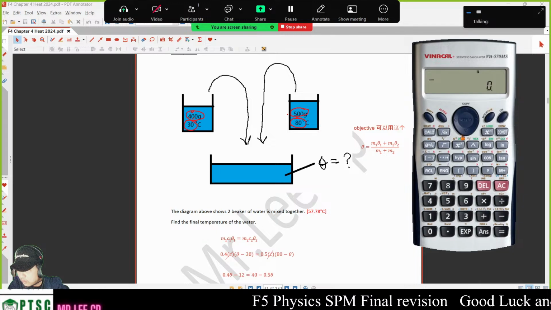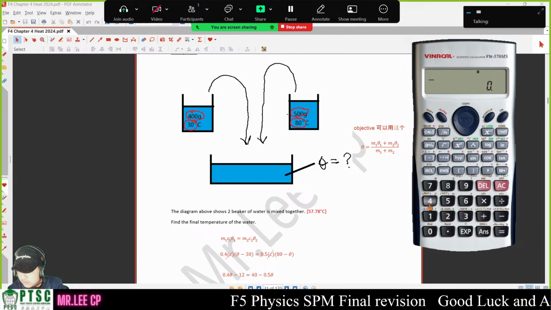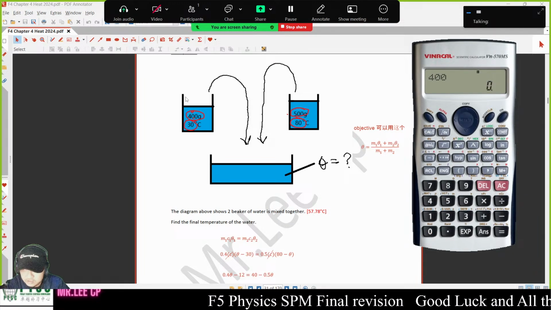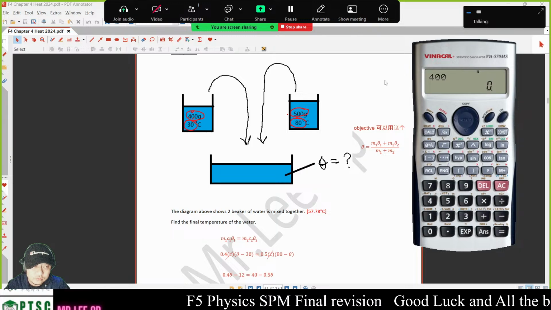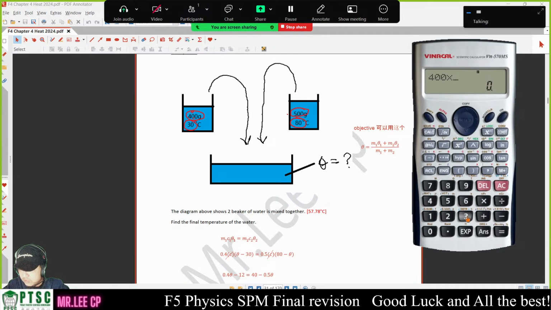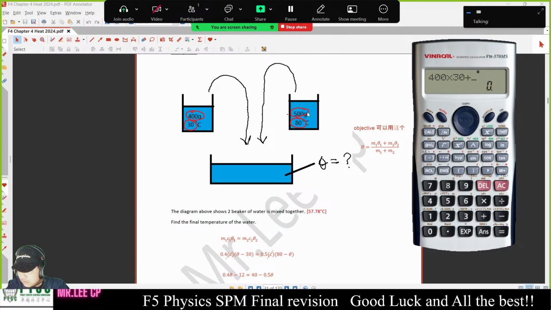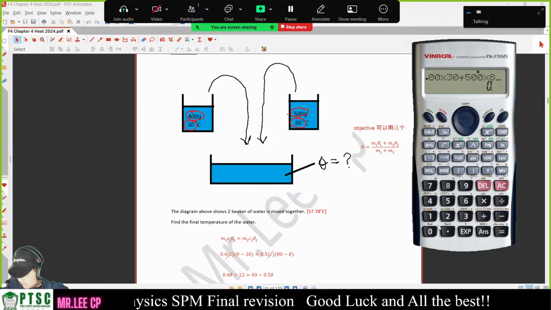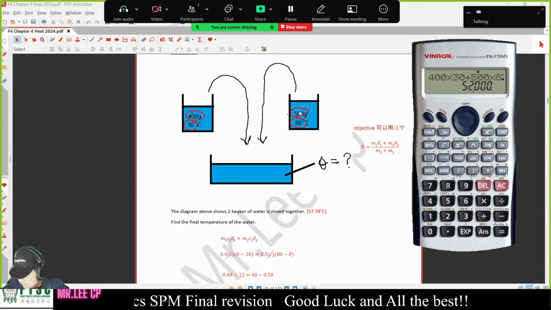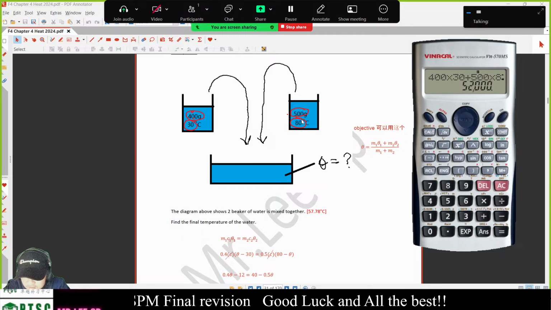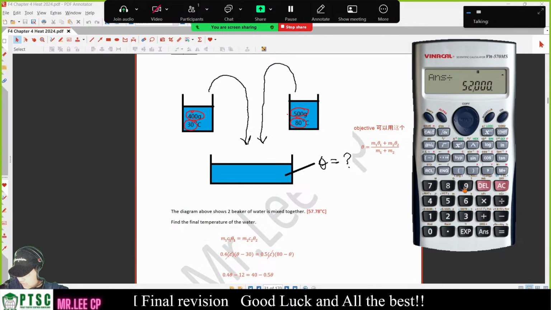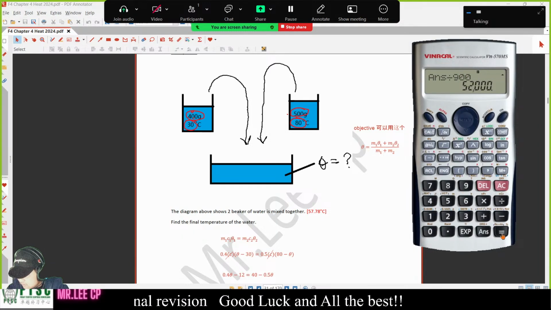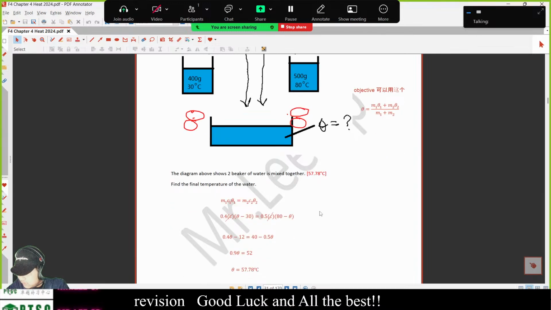If you want to do a shortcut here, 400 gram, you can use 0.4, up to you. I use 400 gram times 30 plus 500 times 80, divided by the total mass. 400 plus 500 is 900. You get the answer, 57.78.